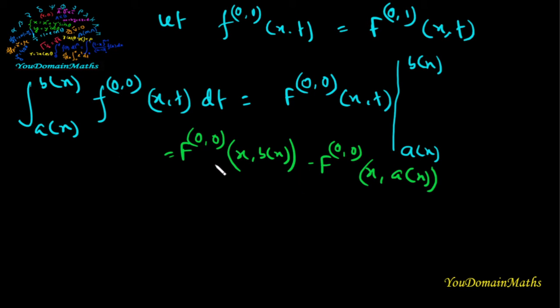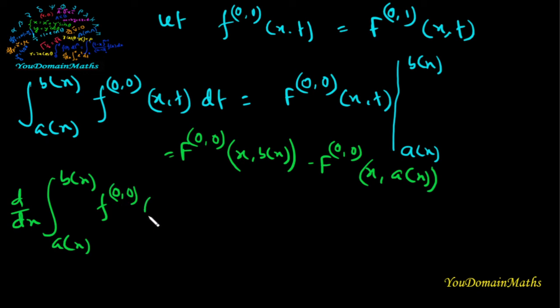Now differentiating both sides with respect to x, we can write d by dx of the integral from a of x to b of x of f of 0 comma 0. When we differentiate this term with respect to x, first we take the partial derivative, and the next term is the partial derivative with respect to x, then the derivative with respect to b of x.